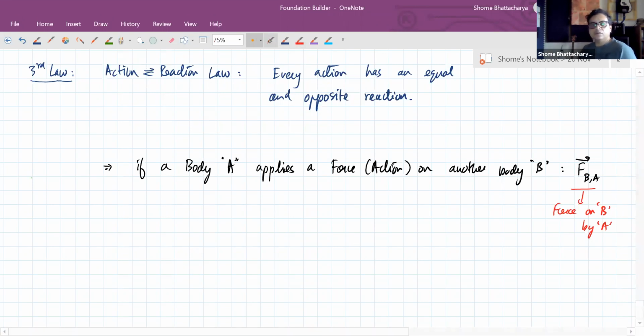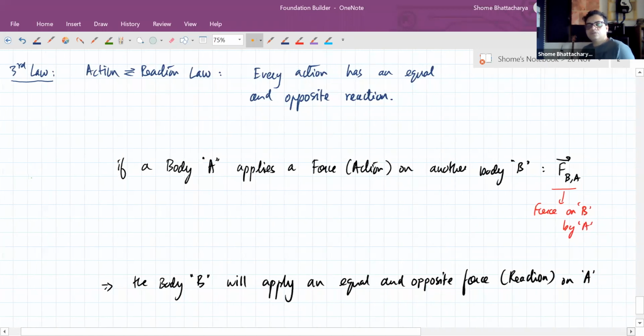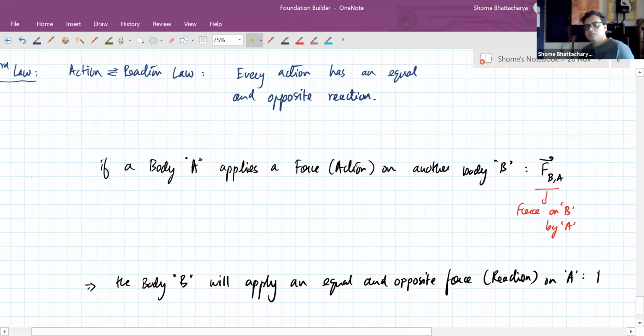Then, according to Newton's third law, it implies that the body B will definitely apply an equal and opposite force, which we typically call the reaction, on A. And that force we can now denote with the symbol F_AB.